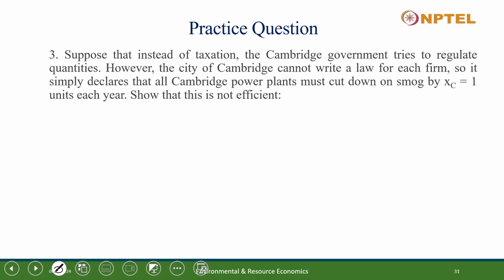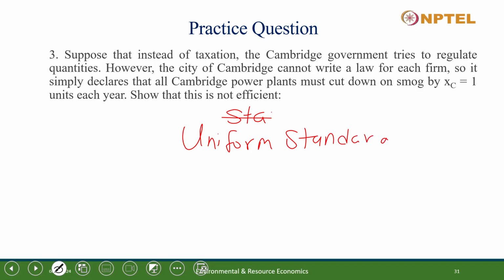So in this case, this can be known as standard. This can be known as uniform standard. Because each of the plants is given the value of a uniform cut of XC equals 1.